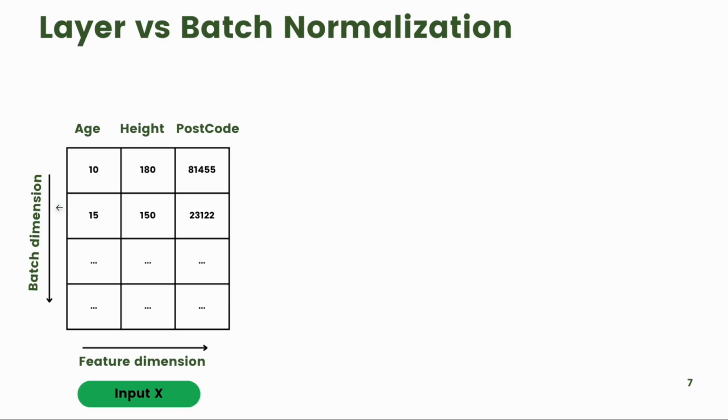Okay? So what batch normalization is doing is that it's computing the standard deviation and mean for each of the features separately. So age will get its own mean and variance, height will get its own mean and variance, and postal code will get its own mean and variance, and you will normalize each of these features separately using these means and variances.